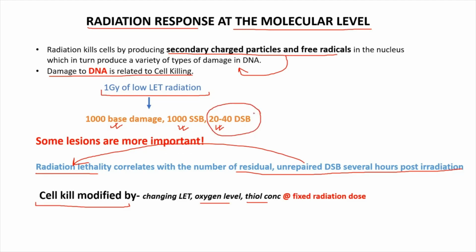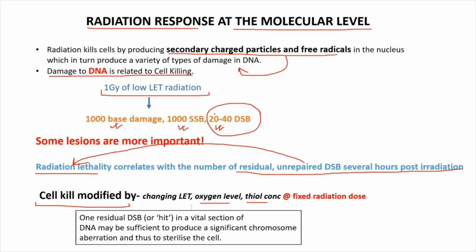So whether you modify the cell killing or not, if you can increase the number of double strand breakages, then obviously you are going to make this therapy possible. Only the double strand breakage correlates with radiation lethality.